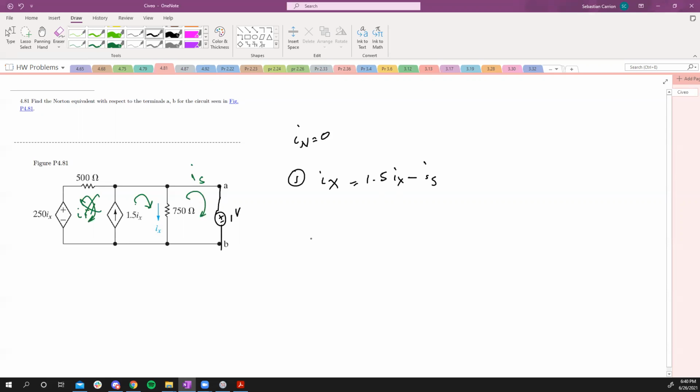And then for our second equation, we're going to say -1 plus 750 times Ix equals 0.